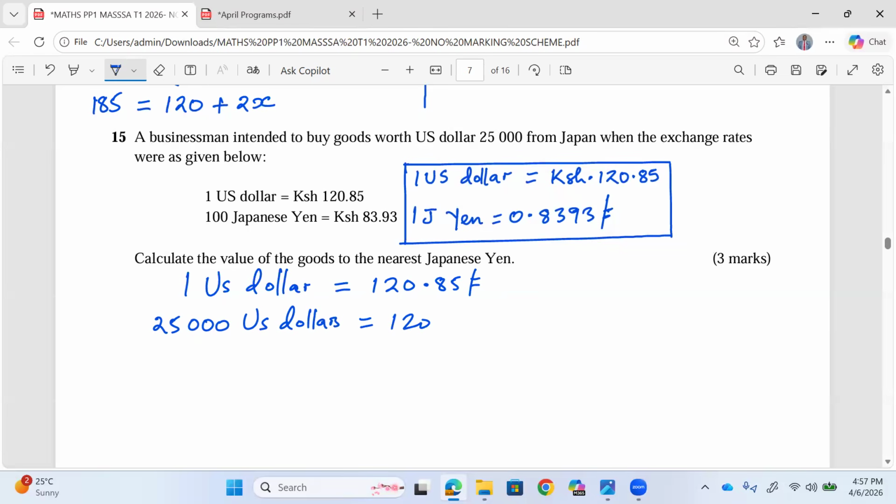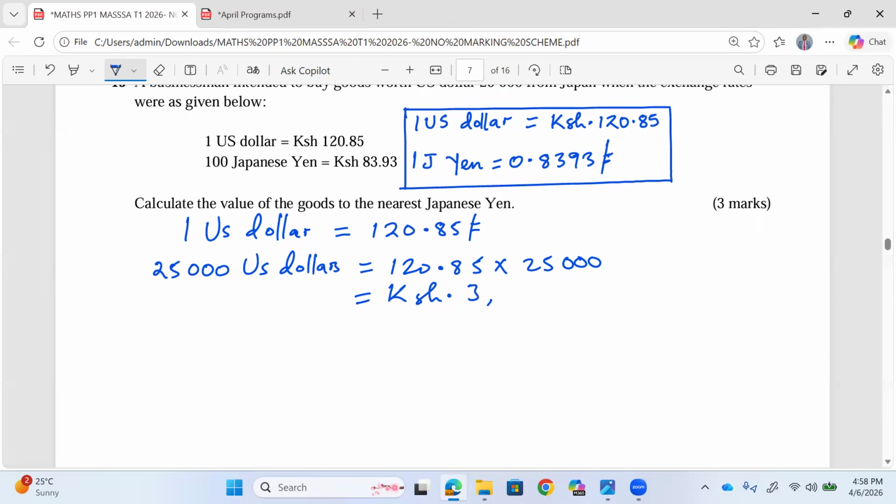This would be 120.85 times 25,000. So in Kenya shillings, the value of these goods shall be 120.85 multiplied by 25,000. This gives us 3,021,250. So that's the amount in Kenya shillings.